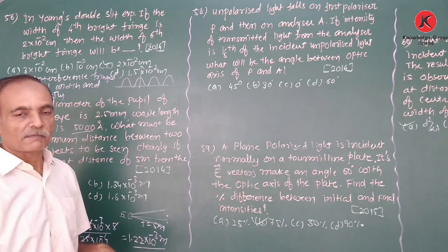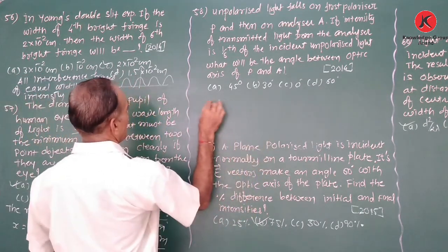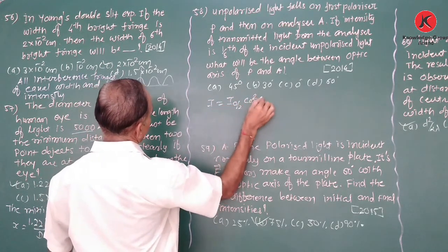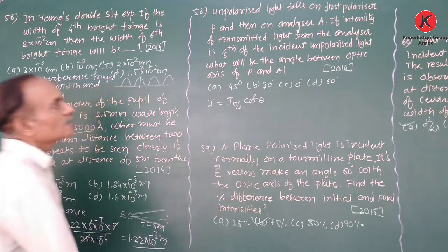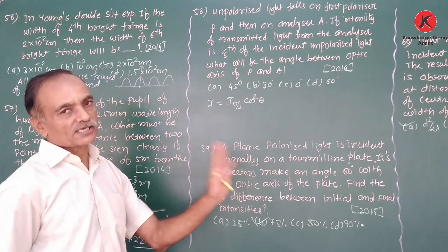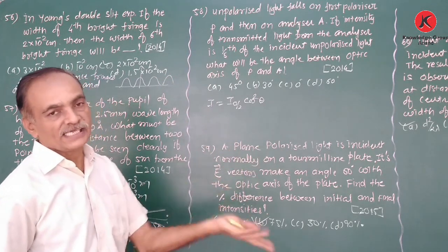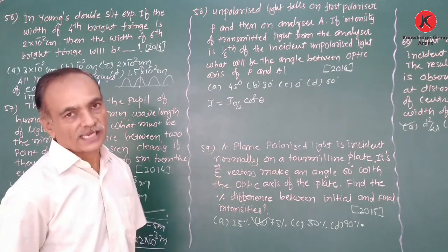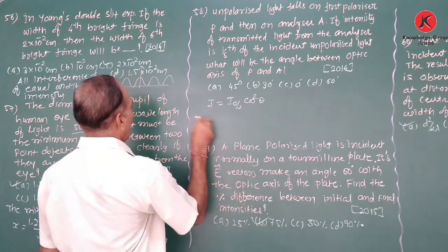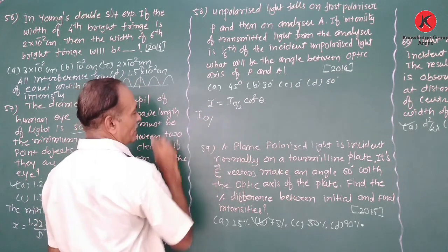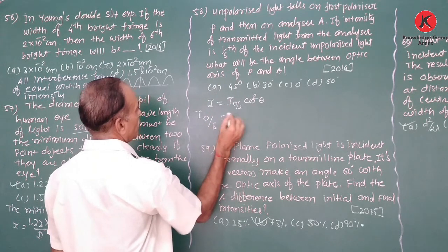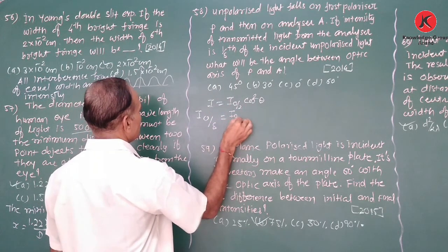For that purpose, from Malus law, intensity I is equal to I0 by 2 cos square theta. Right? Because here the unpolarized light first passes through the polarizer and then is incident on the analyzer. Now, the light coming out of the analyzer is 1/8 part of the intensity of the unpolarized light.